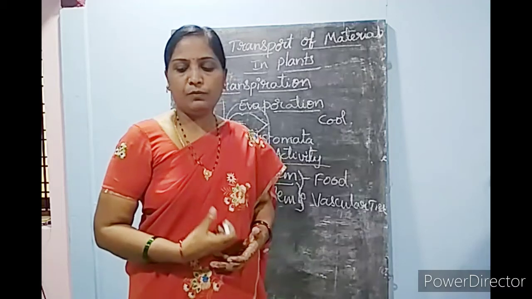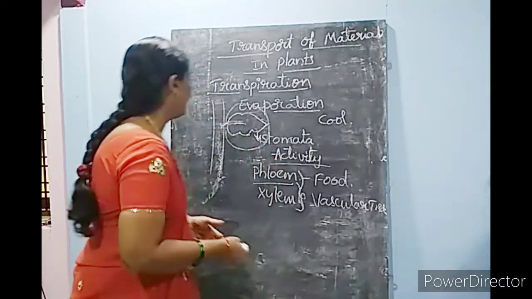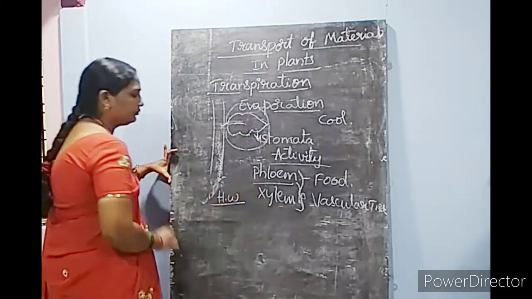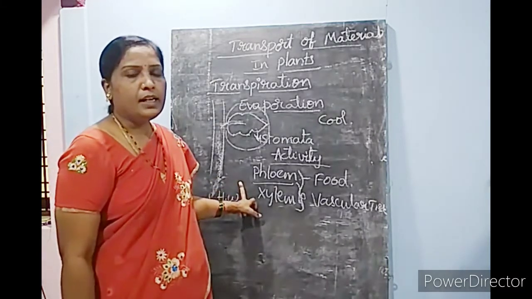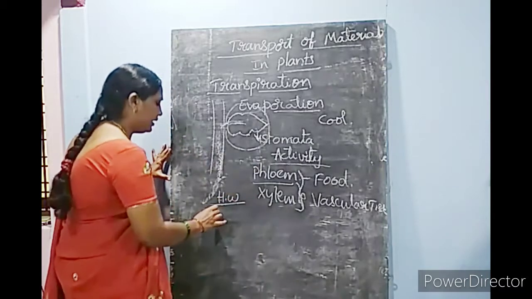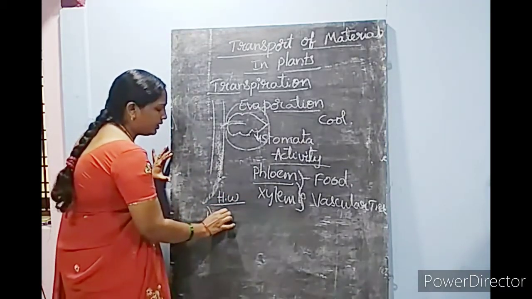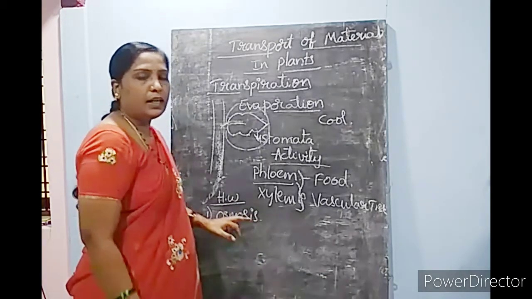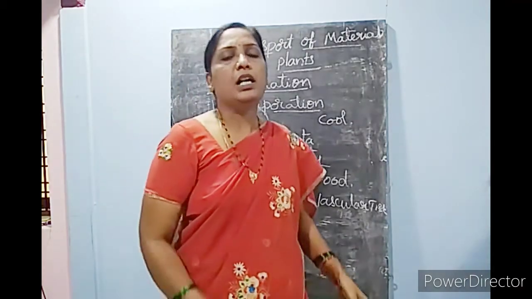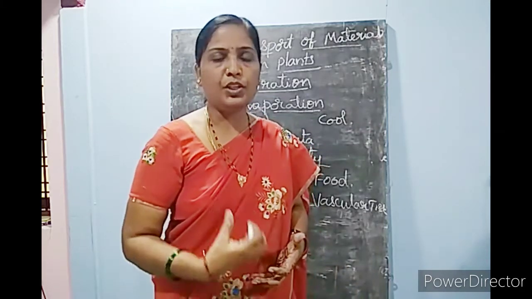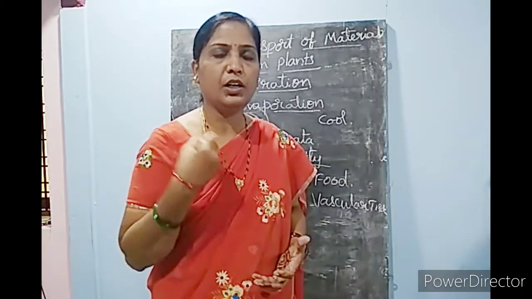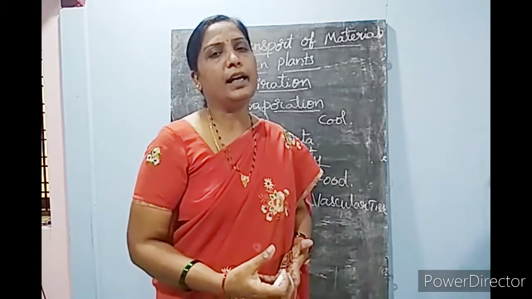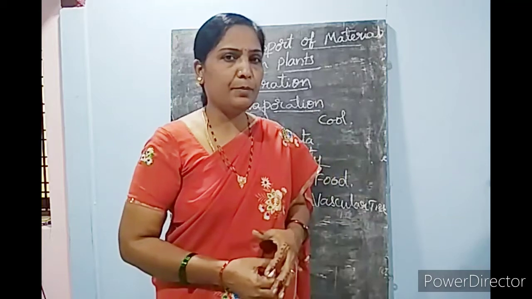And your today's homework, your home assignment, is: write an activity to prove the osmosis process which helps for the transportation of water in plants. And you know how to write the activity. 5 points are compulsory.